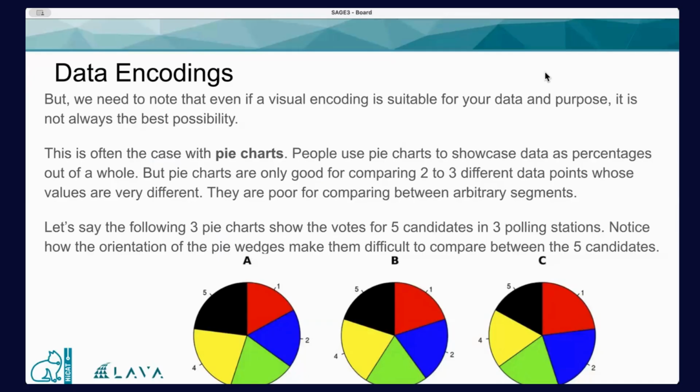So if I asked you in which polling station A, B, or C did the yellow get the most votes? You're gonna be like, maybe? I don't know, right?